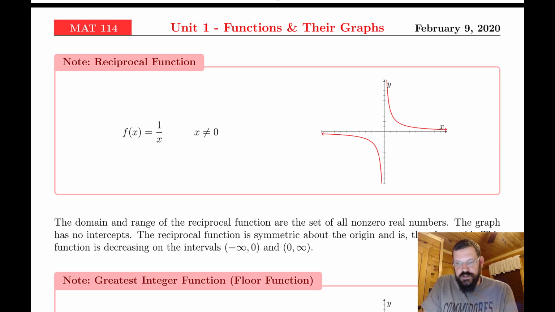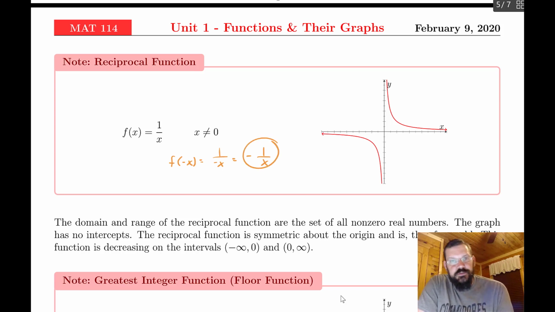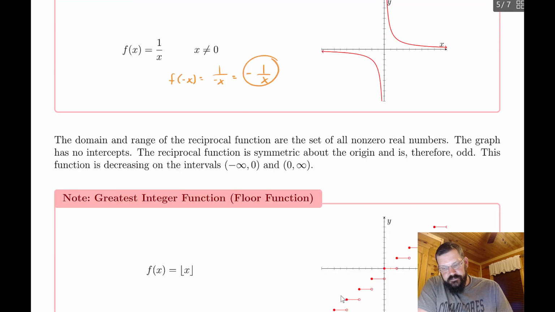The graph approaches the x-axis, it approaches the y-axis, but never crosses either. And it is symmetric with respect to the origin, so it is an odd function. You can verify that algebraically if we evaluated this function at the opposite of x. That is the complete opposite of the original function we started with, therefore proving that it is odd.